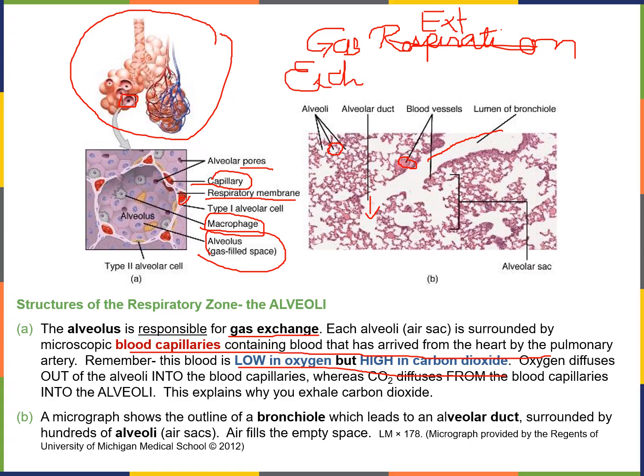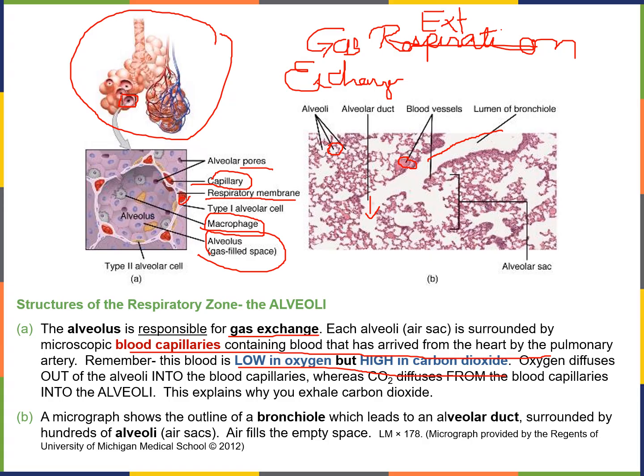So there's two gas exchanges occurring like you learned in the cardiovascular system. This is nothing new. All we're doing here is attaching a label to the gas exchange. We're calling it external respiration. But in the cardiovascular system, all you learned was the pulmonary artery takes deoxygenated blood to the lungs. At the lungs, the blood becomes oxygenated and it comes back via the pulmonary veins to the heart.